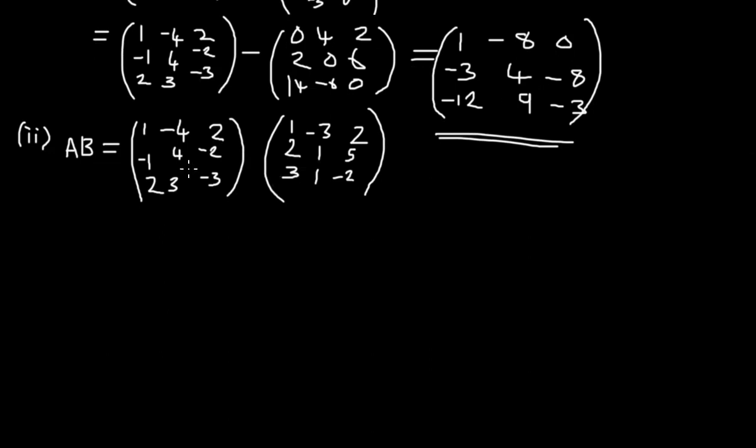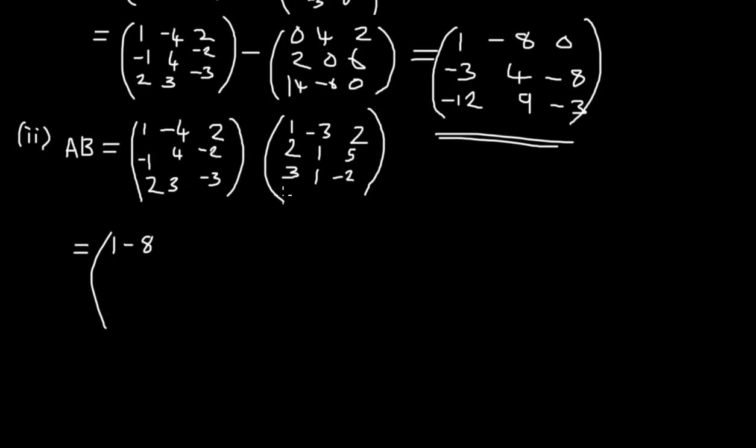So according to the rule of row by column, we will start with 1 times 1. Let me write an equal sign here. So 1 times 1, you get 1. Then negative 4 times 2, you get negative 8.